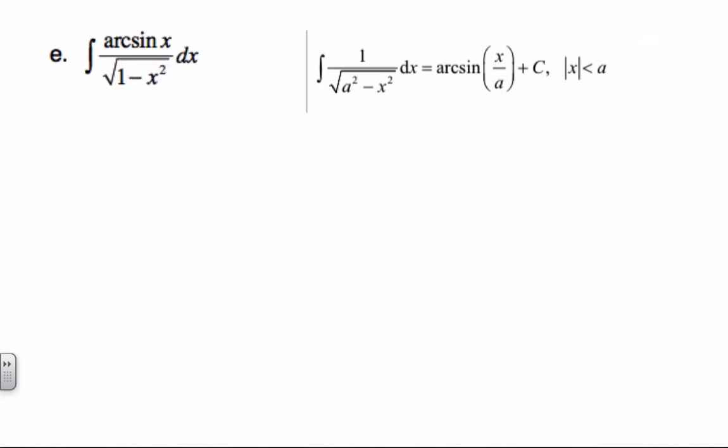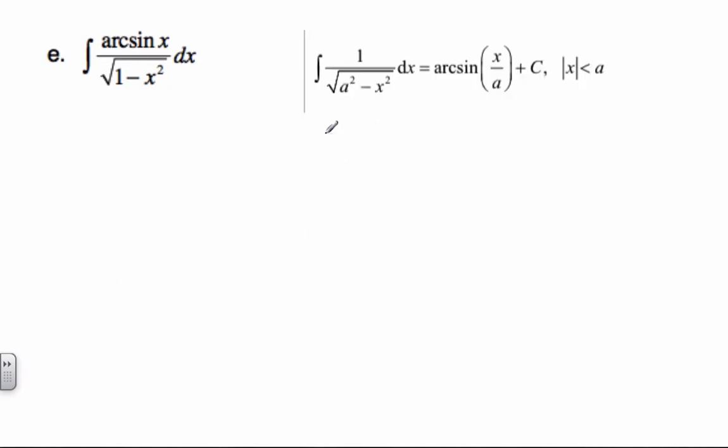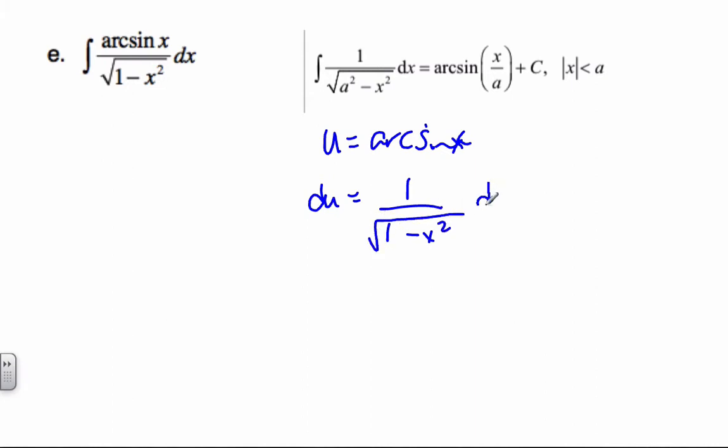If I let u equal arcsine of x, then du, the derivative of arcsine of x, is 1 over the square root of 1 minus x squared dx. That's the derivative, which is in here.